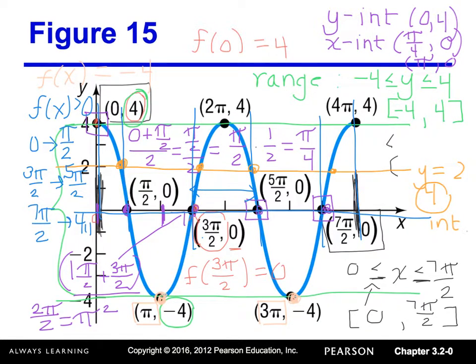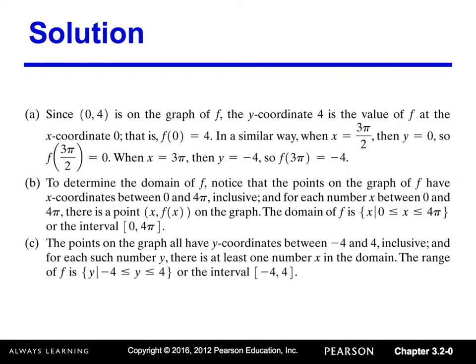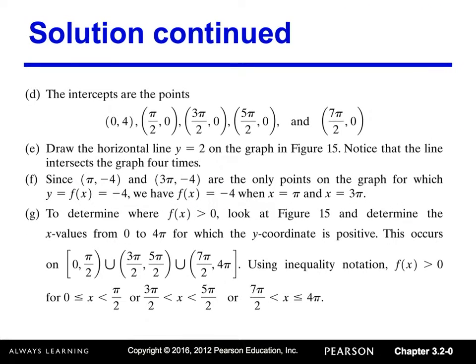Now this is where MyLabs Plus asks you to enter it using the appropriate notation. So let me demonstrate here. If you look here at question G, which is the one we're addressing here, we said that it is above 0 from 0 to pi over 2, also from 3 pi over 2 to 5 pi over 2, and also from 7 pi over 2 to 4 pi. So notice the notation.